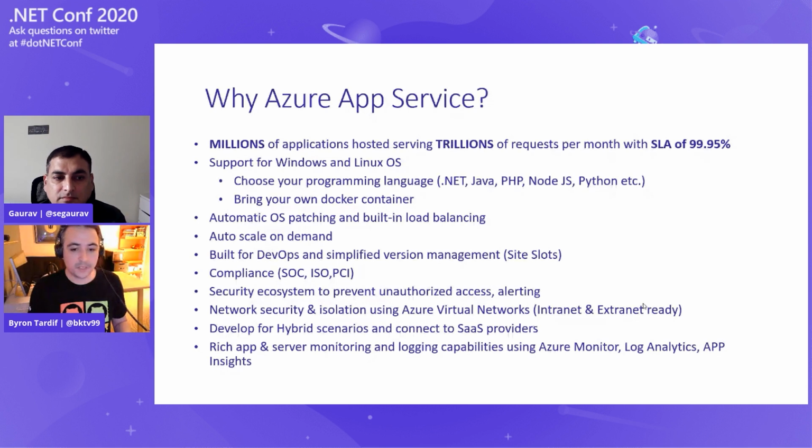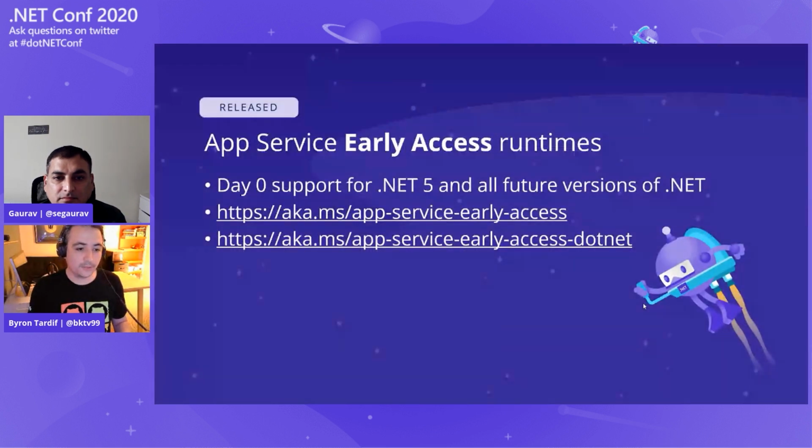And this is especially meaningful because yesterday, .NET 5 went GA, and on day 0, we also had support for .NET 5 on App Service. This is a first for App Service. It's the first time that we get support for a runtime on day 0 of it being GA.